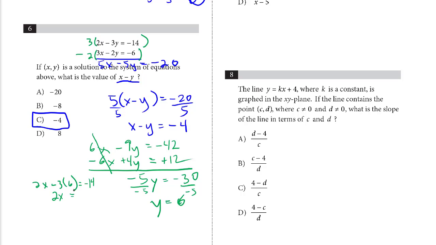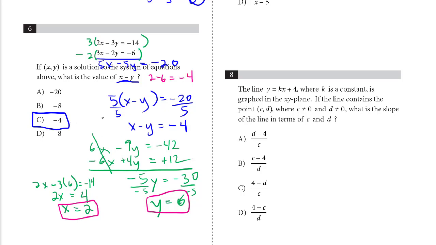I'm going to add 18 to both sides. That makes plus 4 on the right side. Divide through by 2. X equals 2. So I have two solutions here. X equals 2 and y equals 6. The answer would then be x minus y would be 2 minus 6, which equals minus 4.